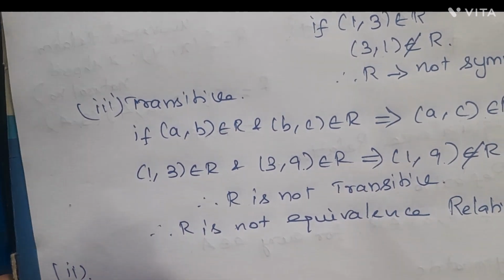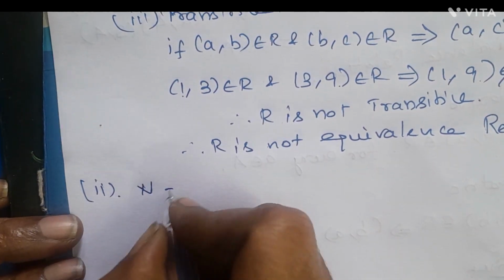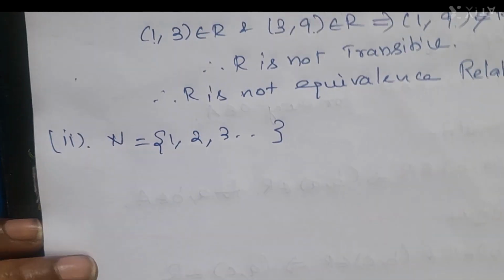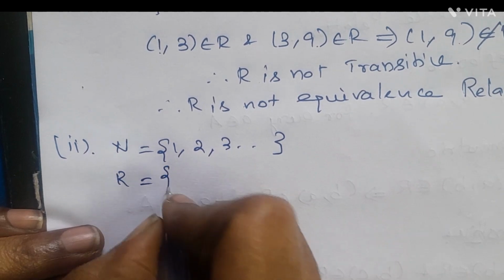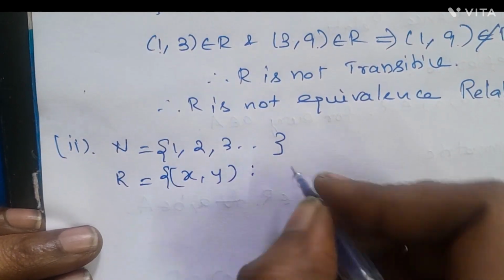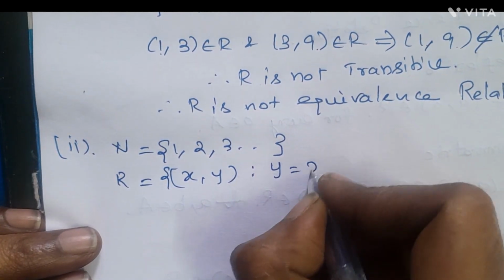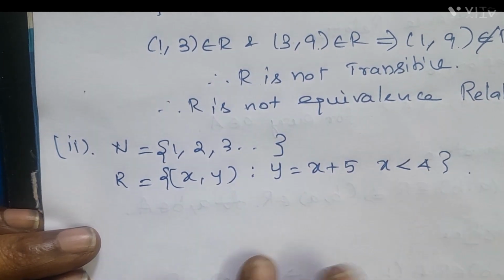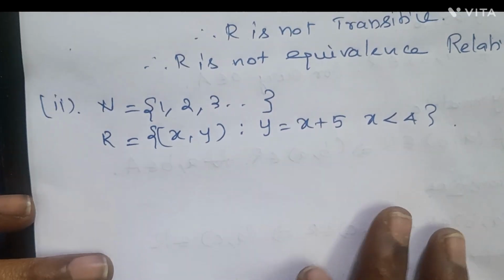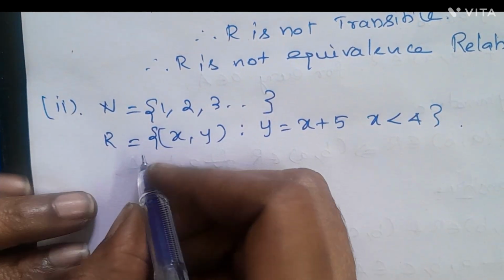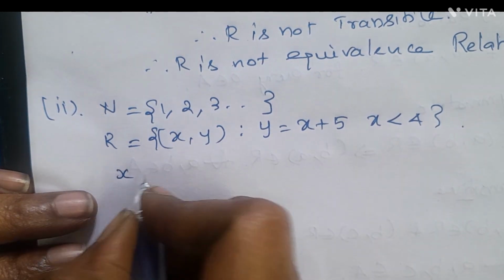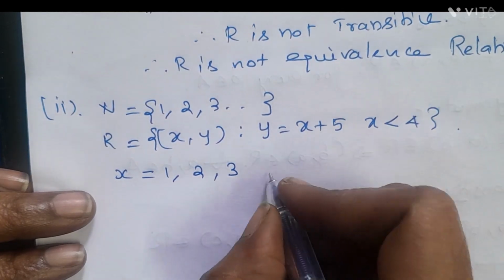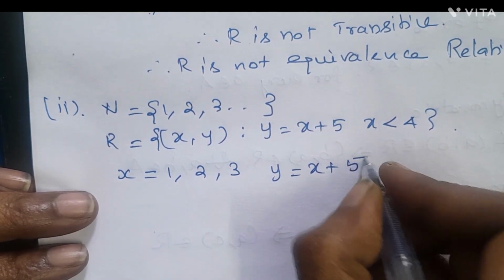Second subdivision, N equal to 1, 2, 3, the set of all natural numbers, and R equal to (x, y) such that y equal to x plus 5, the condition is given, and x less than 4. So x less than 4, we have to take the numbers 1, 2, 3, and y equal to x plus 5.